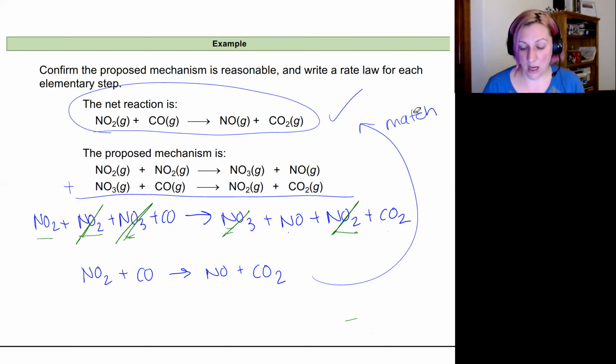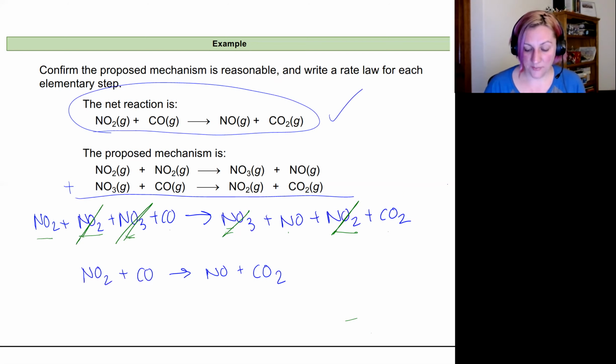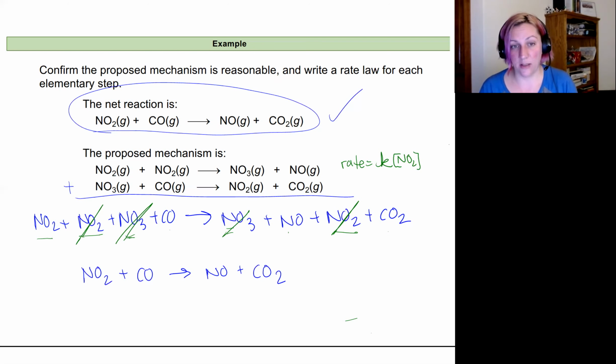So now what we would do is we would write out our rate law for each of these elementary steps, right? So let's do that in green. So for our first one, our rate law is going to be equal to some rate constant times the concentration of NO2 times the concentration of NO2 again.